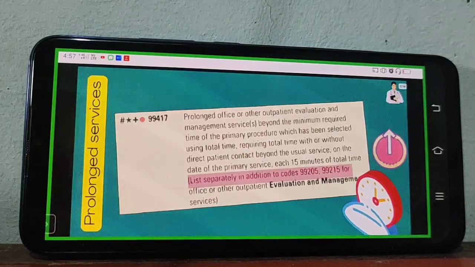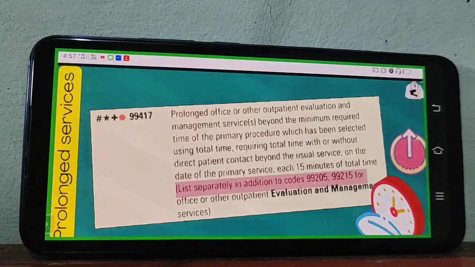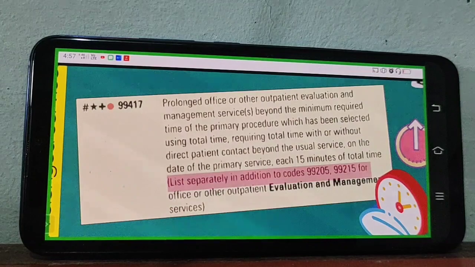Check the line. Check the 99417. They mention each 15. Show the line above the highlighted line: each 15 minutes of total time. Did you understand? Check the line, the sixth line: the date of primary service is 15.